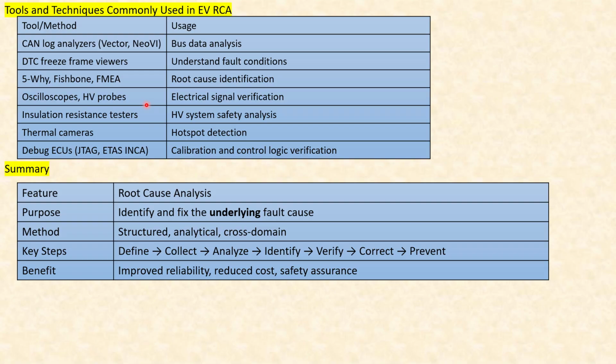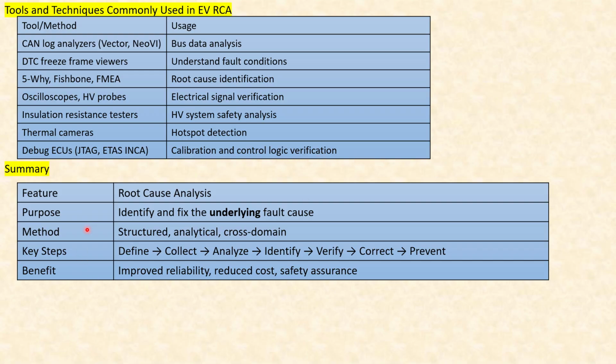Oscilloscopes and HV probes are hardware tools for electrical signal verification. Then insulation resistance testers for HV system safety analysis, thermal cameras for hotspot detection, and when it comes to debugging ECUs, tools like JTAG. ETAS INCA is a very important calibration tool, and with it you can do calibration and control logic verification.